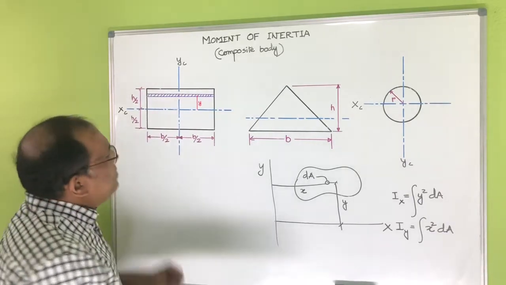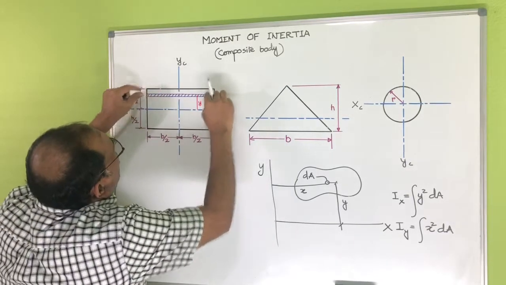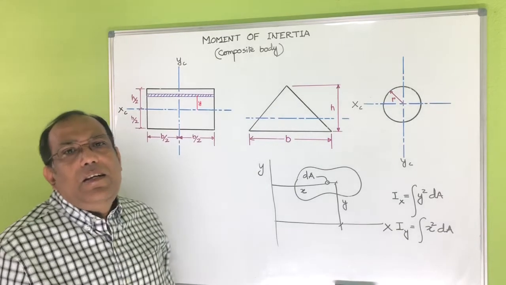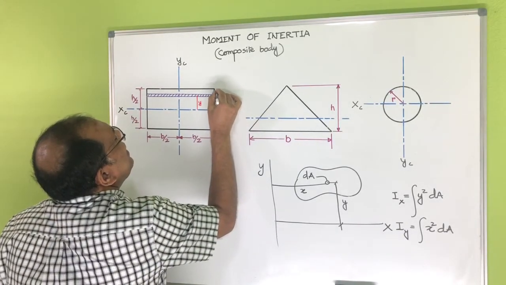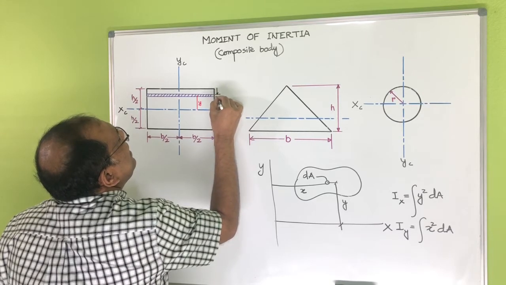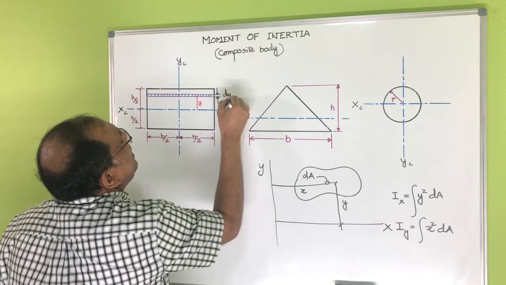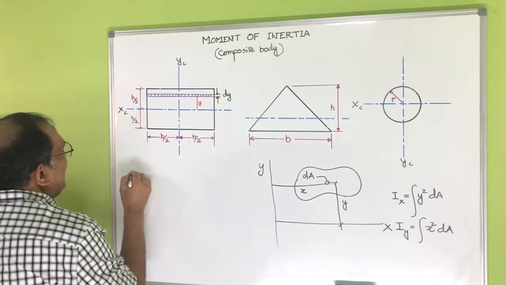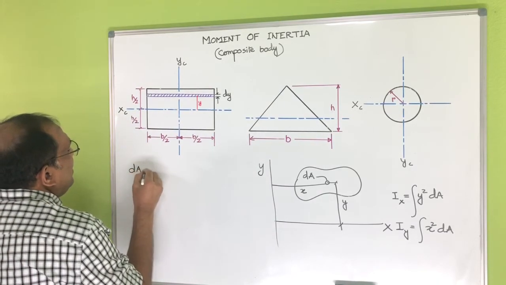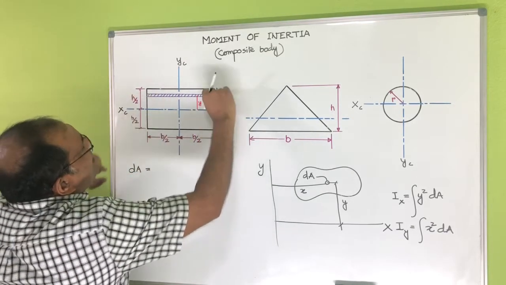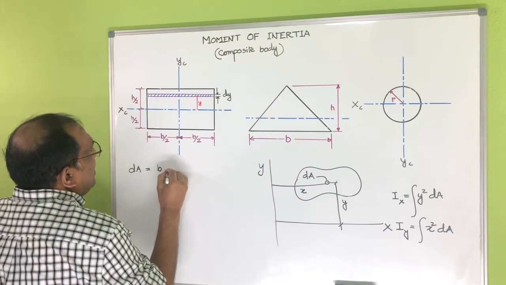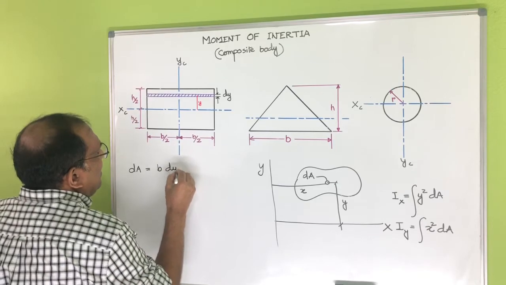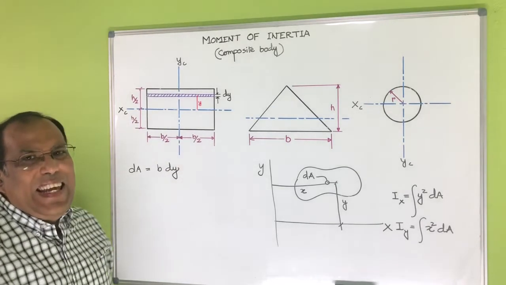Now if I take a very small strip here, let's say its thickness is dy. So dA would be this multiplied by this, so b dy. That's your dA.